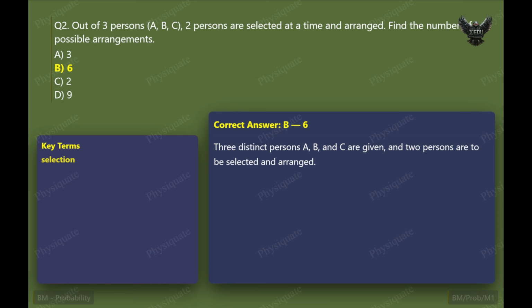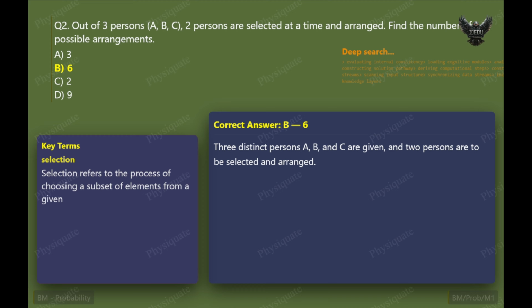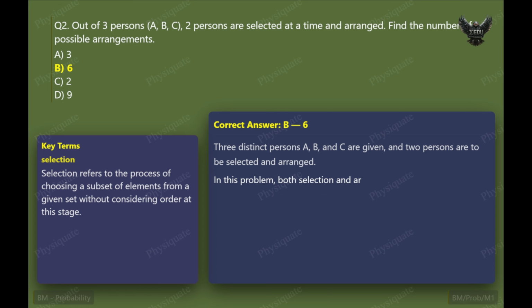Now let us consider selection. Selection refers to the process of choosing a subset of elements from a given set without considering order at this stage. In this problem, both selection and arrangement are involved.